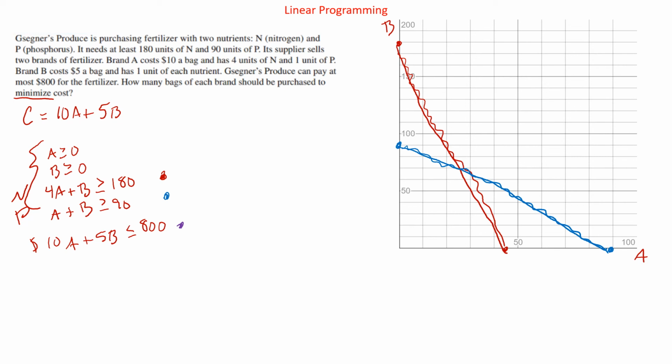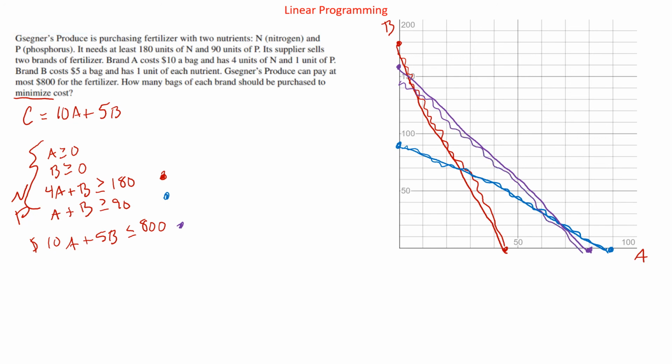Well, if B equals 0, $10A equals 800, which means A would equal 80. And if A equals 0, we have 5B equals 800, divided by 5, B equals 160. And it has to be less than or equal to 800, so it's going to be less than there.